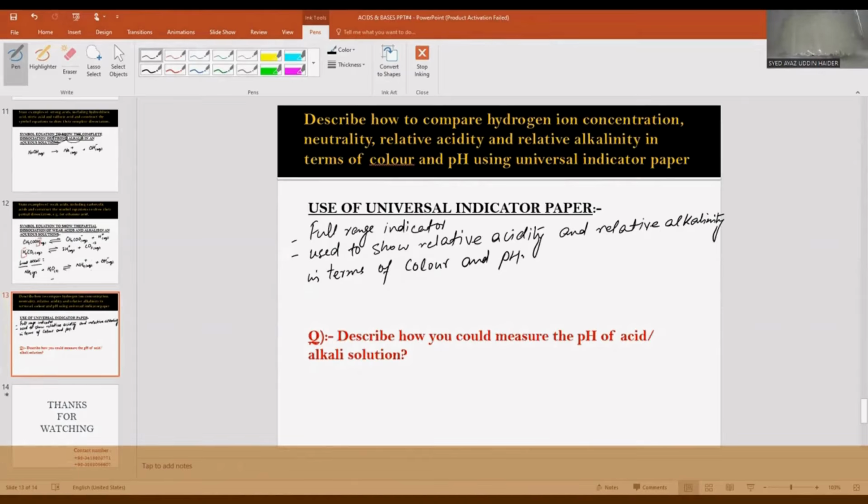Then in the end, we will compare the color with color on indicator color charts.